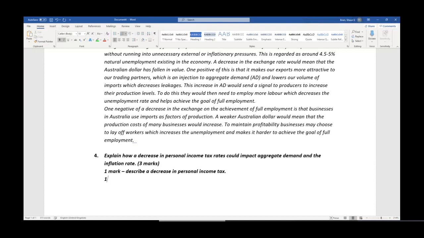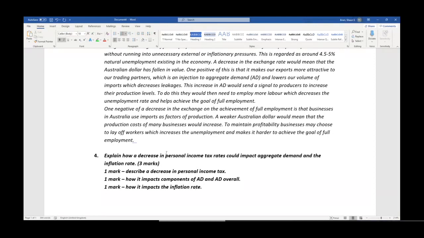Then you get one mark for how it impacts components of AD and AD overall. So that's when you talk about the fact that that would decrease tax revenue, which is a leakage from aggregate demand, and increase private consumption spending, which would lead to an overall increase in aggregate demand. And then the last mark would be how it impacts the inflation rate.